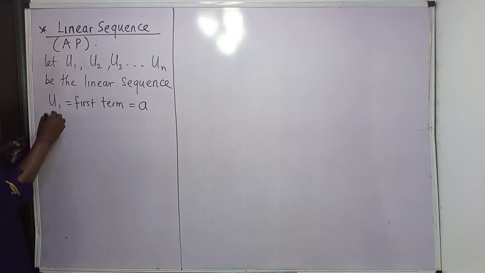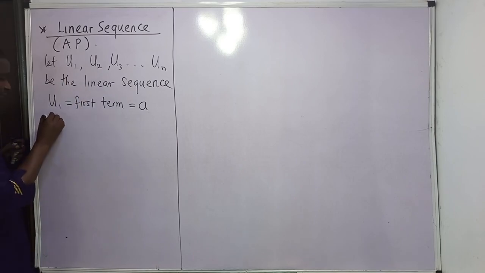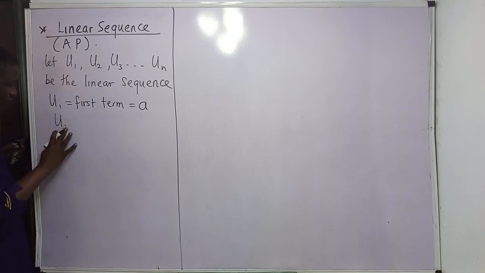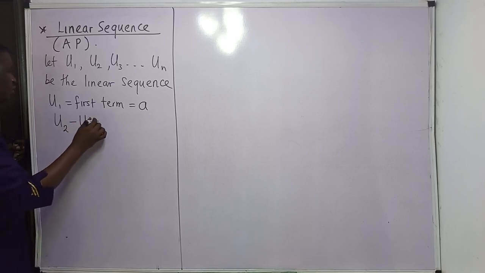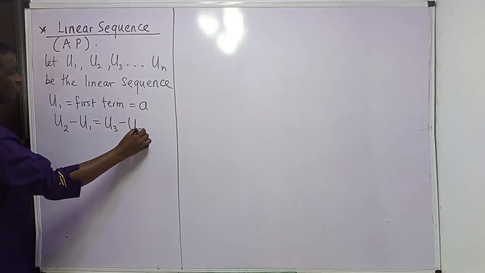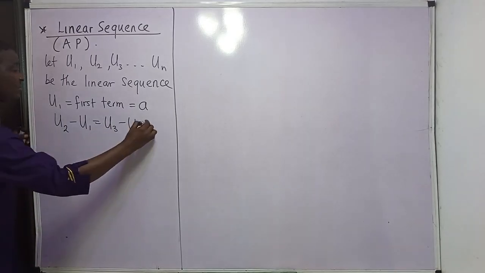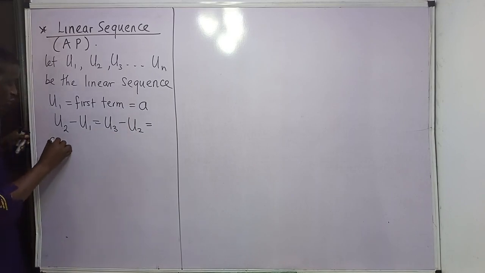Then U2 is the second term, U3 is the third term. If it's a linear sequence, it means that U2 minus U1 should be equal to U3 minus U2. That means it's all equal to what we call a constant difference.